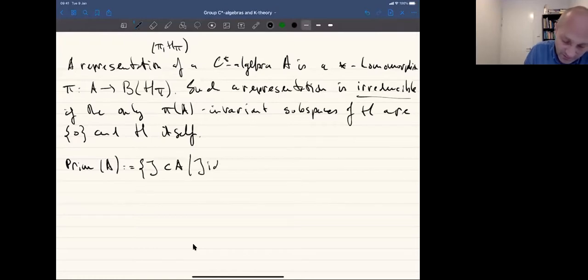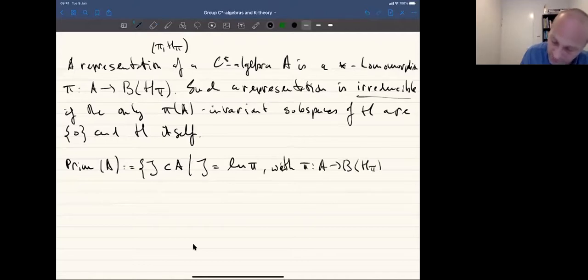as the space of those ideals J such that J is equal to the kernel of pi, with pi some irreducible representation. This is called the primitive ideal spectrum, and this can be made into a topological space. So there's a topology which I will very roughly describe.